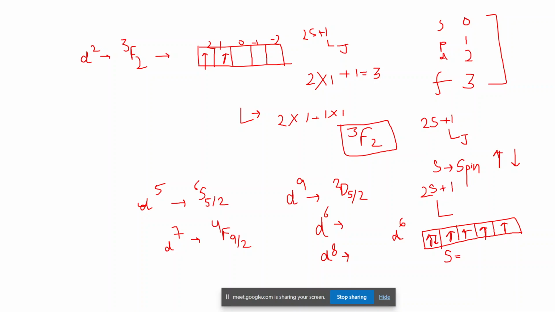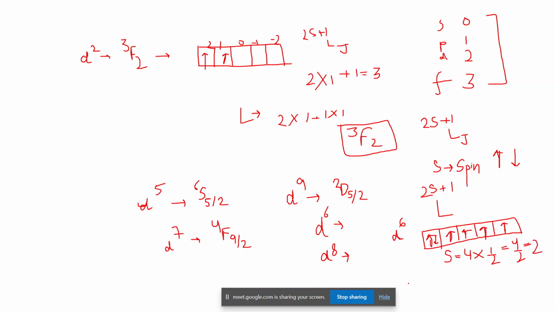As there are 4 unpaired electrons, the paired ones, plus half and minus half, cancel out. So these are 4 unpaired electrons. The total spin will be 4 times the half spin of each electron, so 4 by 2, that comes out to be 2.